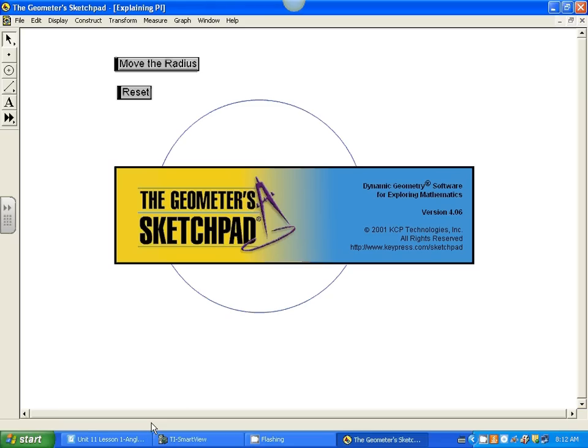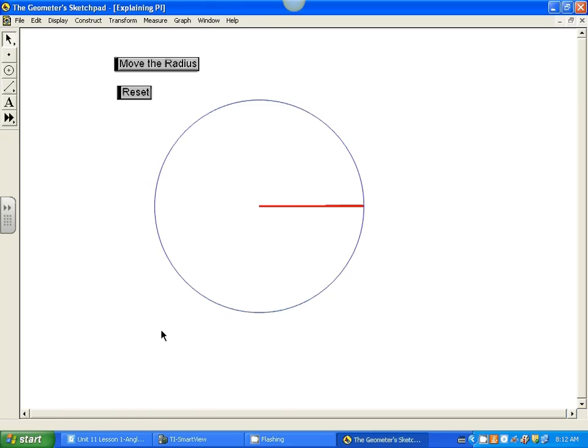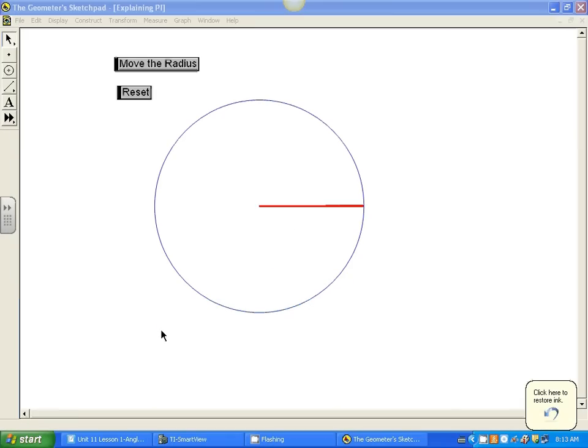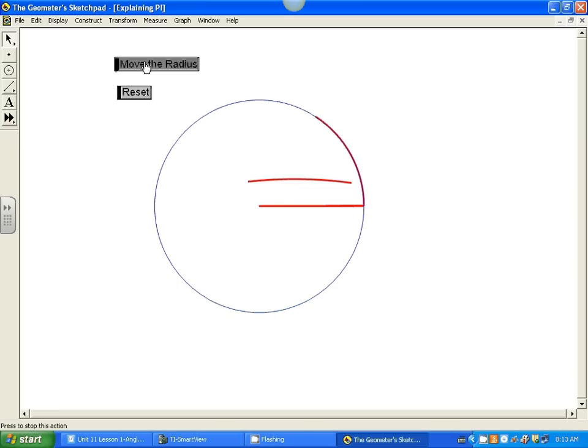Hopefully this will be a graphic that is helpful. This is an arbitrary circle, and I have highlighted the radius. This red is going to represent the R that I had before. Now, when I move that radius, this is a length right here, that is 1 radian measure along the circle.